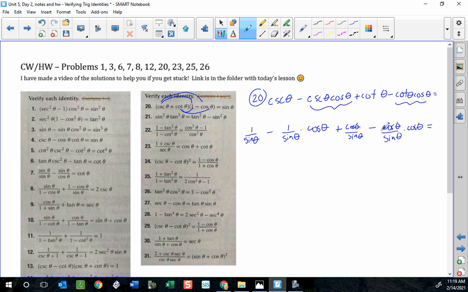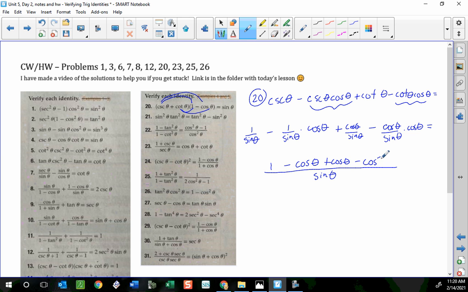Now I see, look, they all have a sine on the bottom. So they already all have a common denominator of sine. And then we just combine the tops. I got 1 minus 1 times cosine is cosine, plus cosine, minus cosine squared. There we go. That was tricky. So cosines cancel.